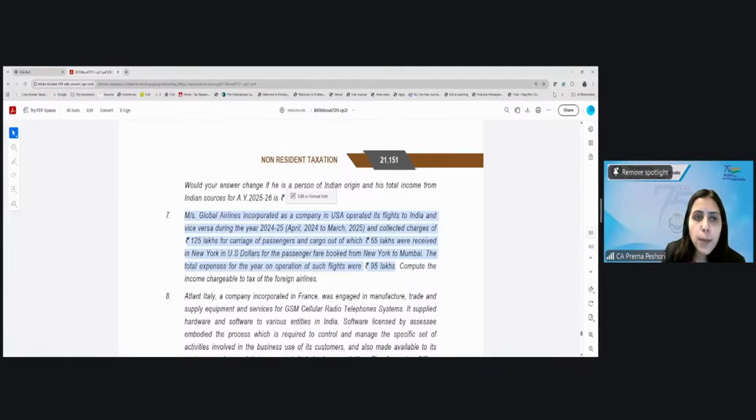So here section 44BBA will be applicable. What is the presumptive rate? 5%. Yes. 5% of the fare booked from India to outside India and from the fare booked from New York to Mumbai and received outside India. So how will you calculate?